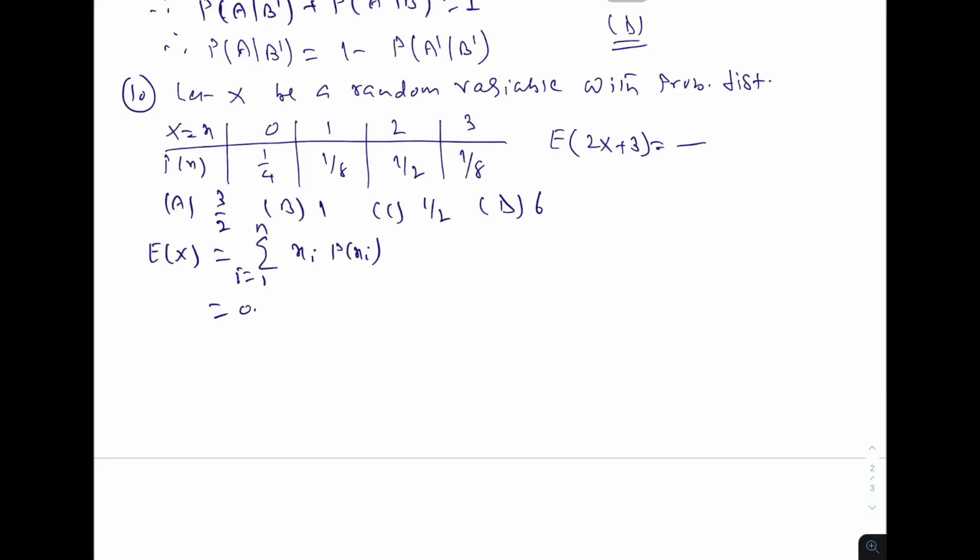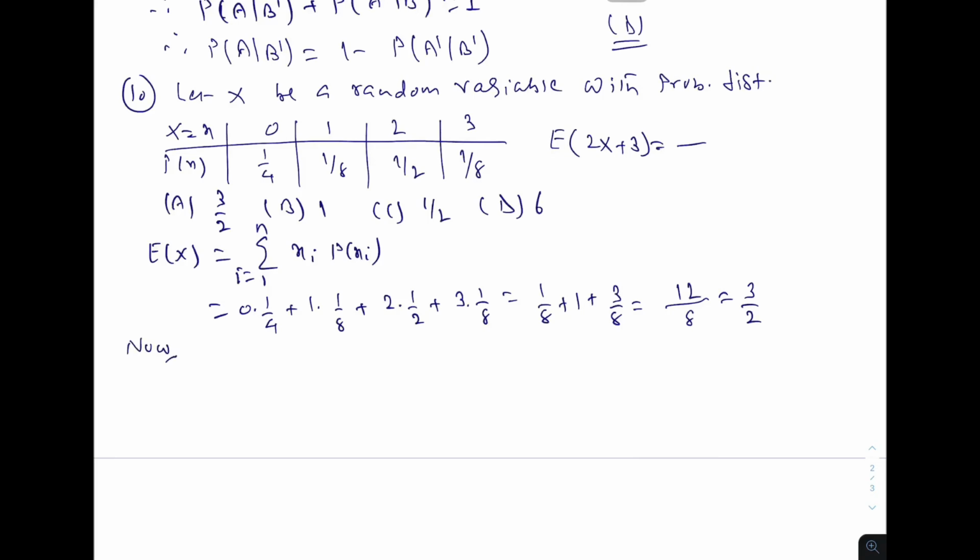So 0 into 1 by 4, 1 into 1 by 8, 2 into 1 by 2, 3 into 1 by 8. So this is 1 by 8 plus 1 plus 3 by 8, and so this is 12 by 8, that is nothing but 3 by 2.